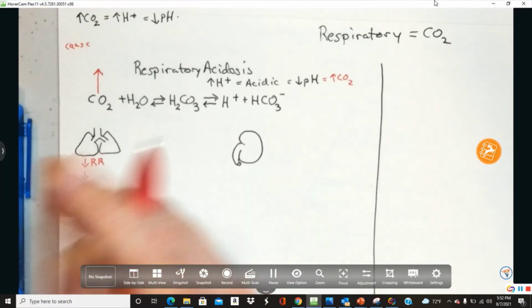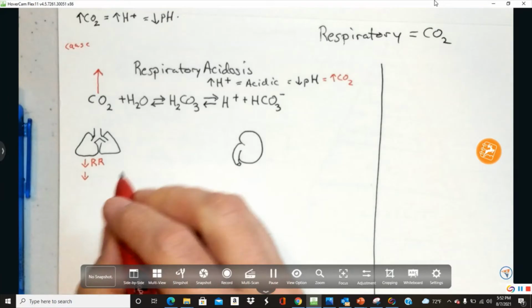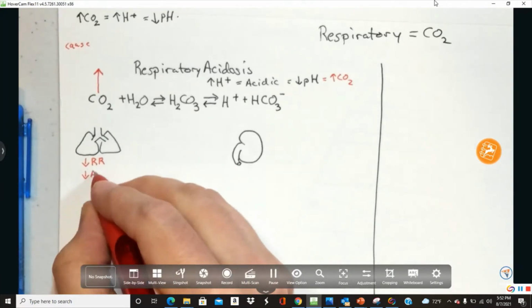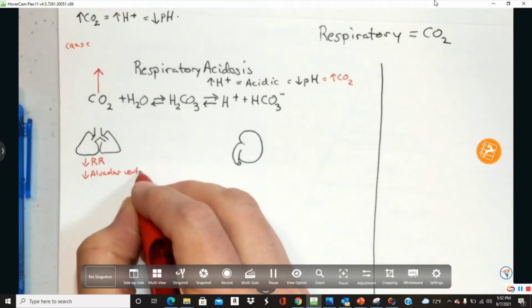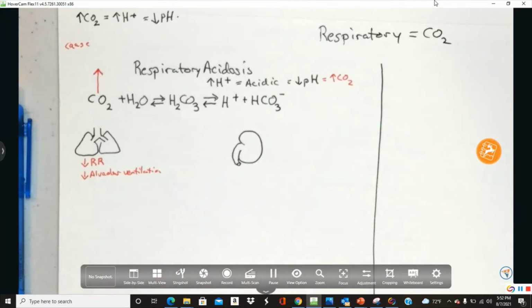You're not getting air in, like asthma, things like that. So I'll say alveolar ventilation. You're not getting enough air in. Asthma, some kind of restrictive disorder, pneumonia, something that is decreasing the lungs' capacity to function. But whatever this is, your CO2 is building up.